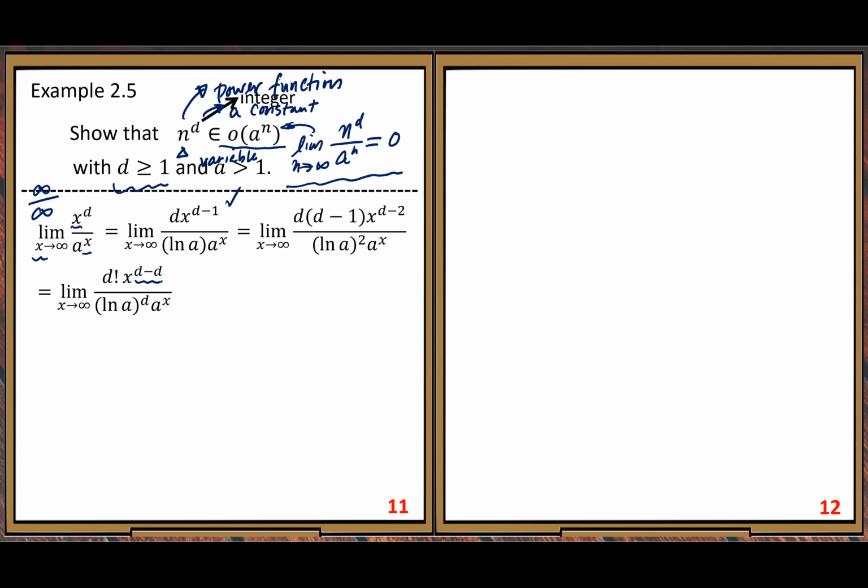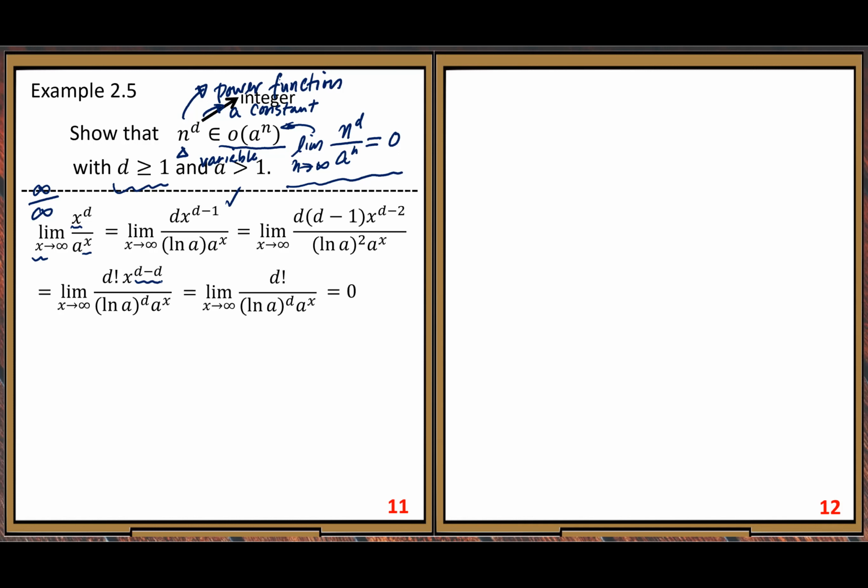A fixed number over infinity is 0. So after simplification, the answer is 0.